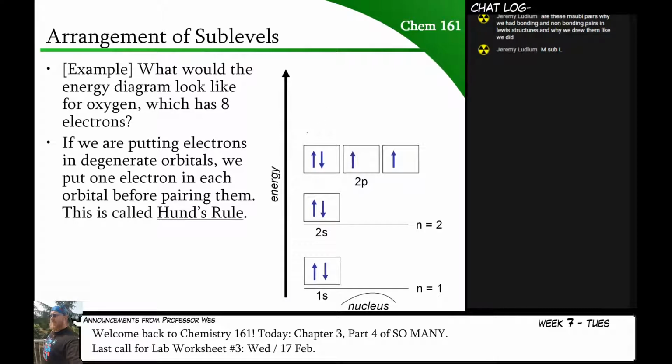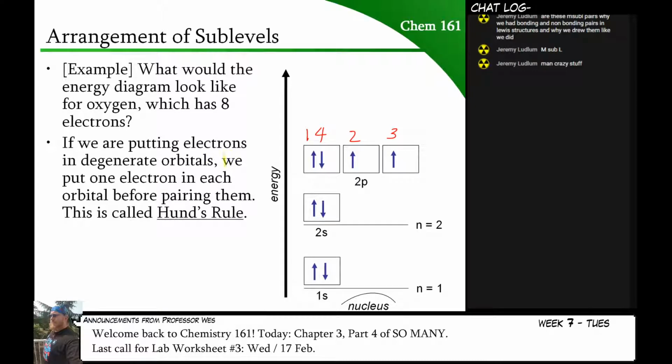Now, what did we do here? Here was the order that we filled in our electrons for this level. And the reason that we did this was because repulsion costs a little bit of energy. And so we would pair before we go up to the next level. But if everything is on the same level, we would just do them independently. And so this is called Hund's rule.